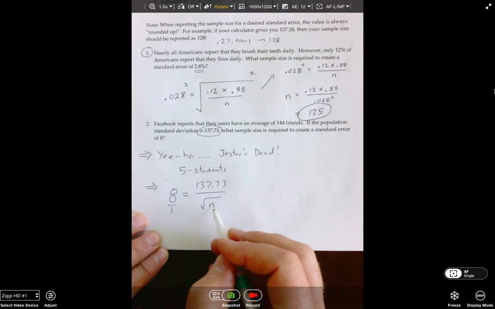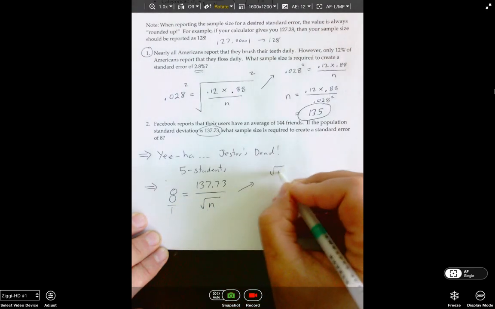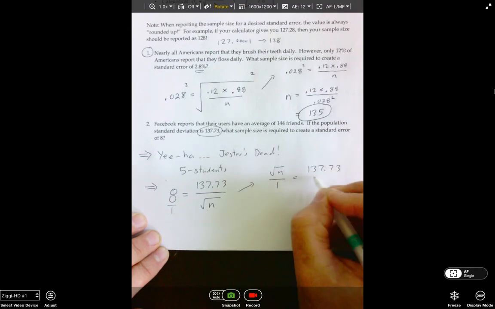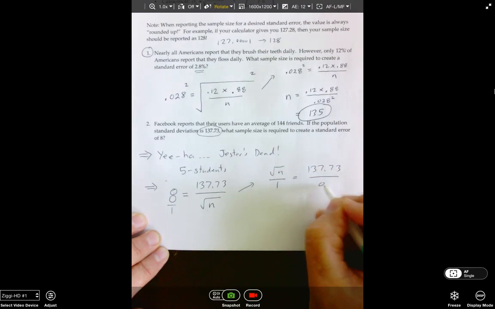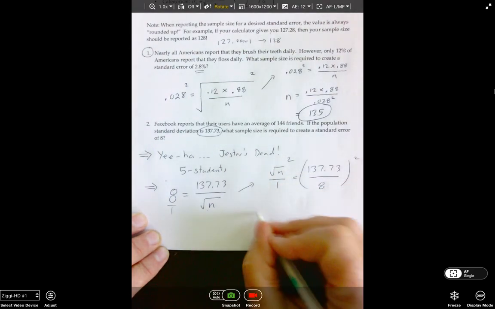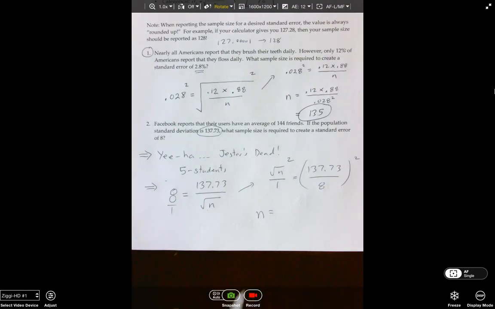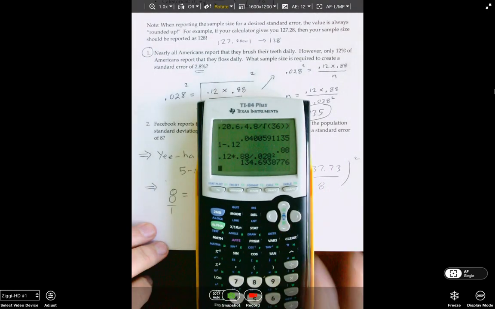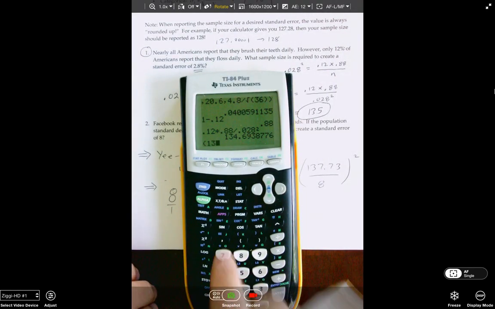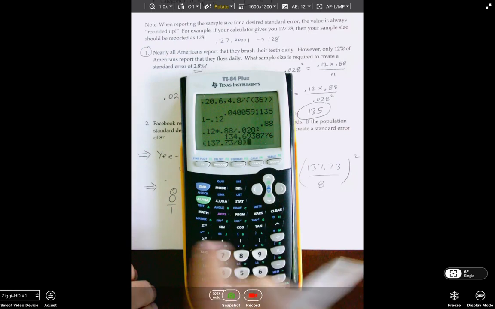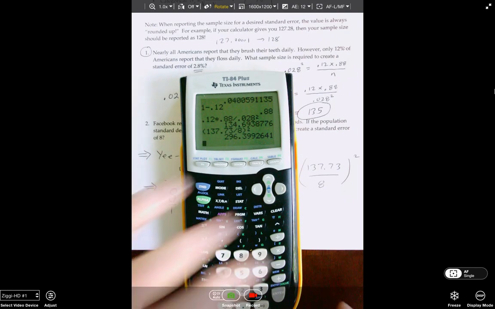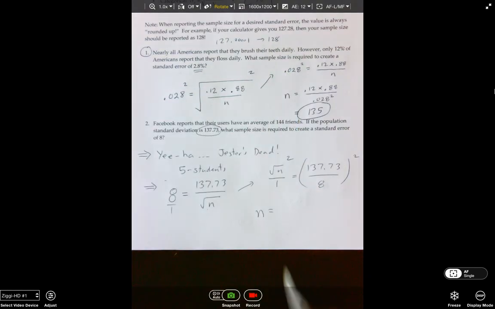Switch, switch. Take the square root of both sides. So let's put that in our calculator: 137.73 divided by 8, square it all. Round up, 297.